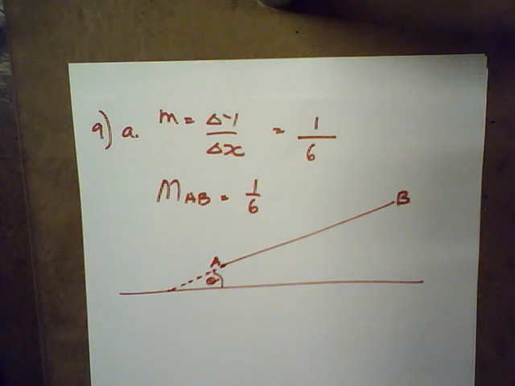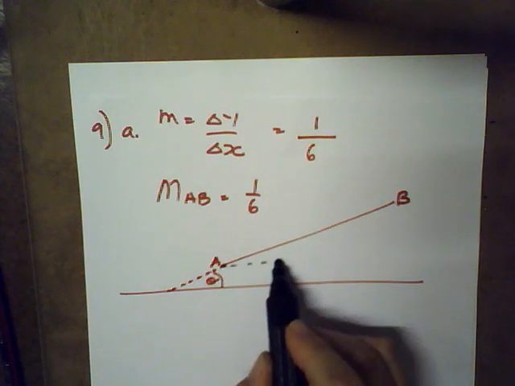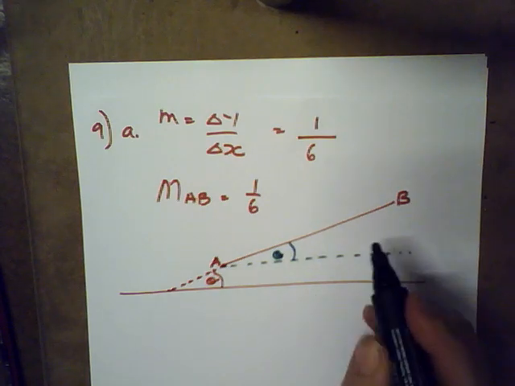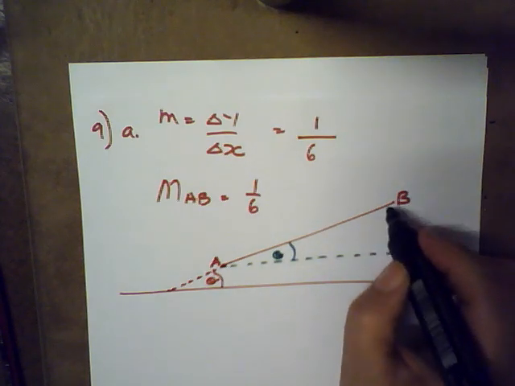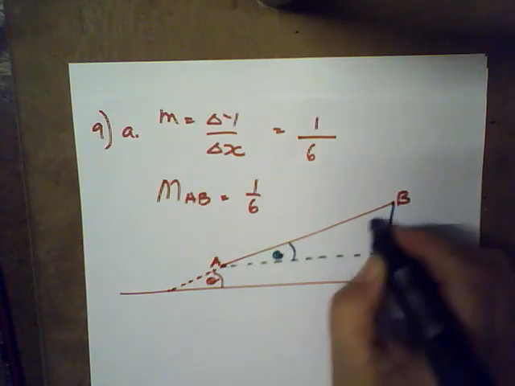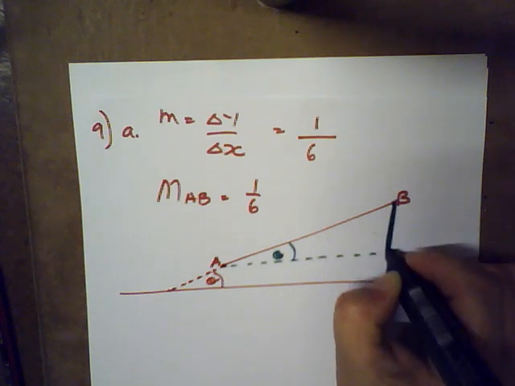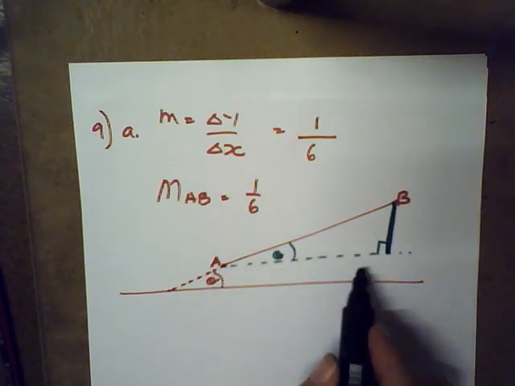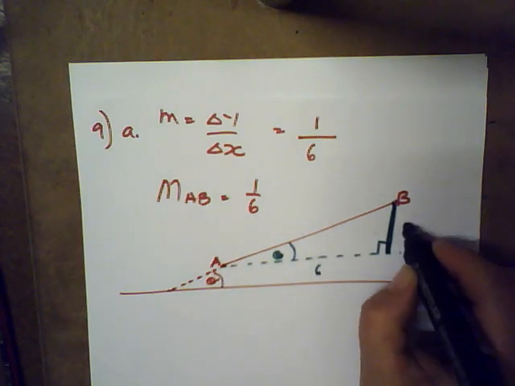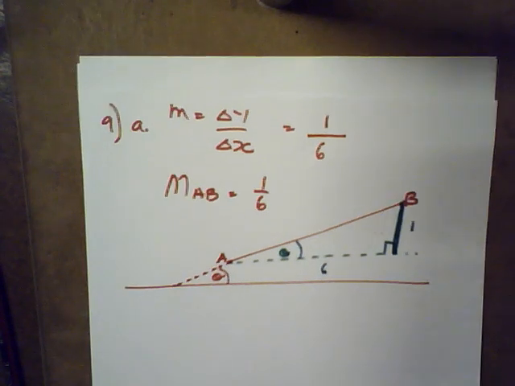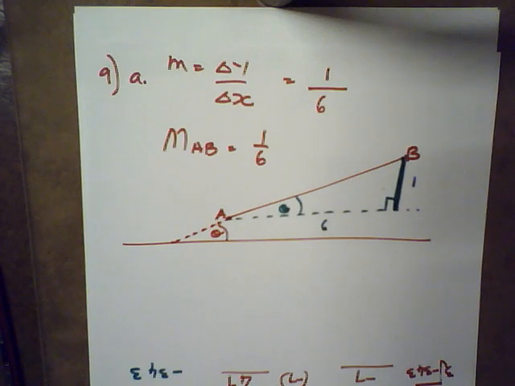To make life a lot simpler, I'm going to move this axis up, and I'm going to say that's theta there. The reason is I can use my trigonometry identities. This distance over here I know is 6. This distance over there I know is 1.